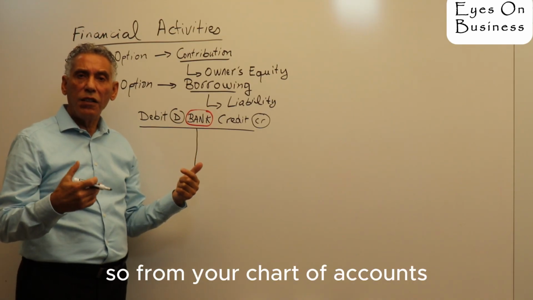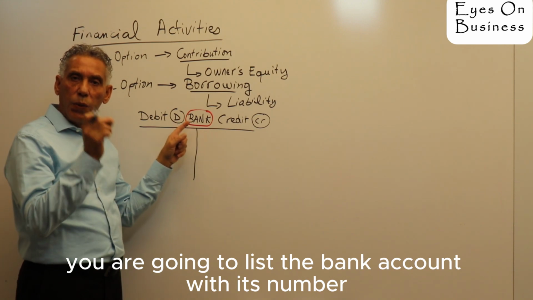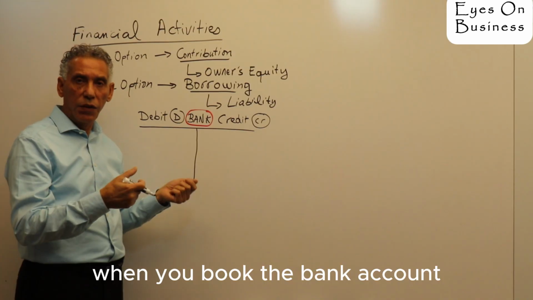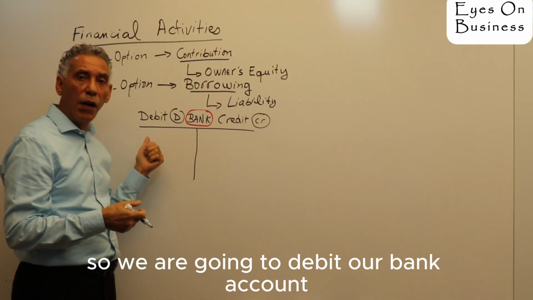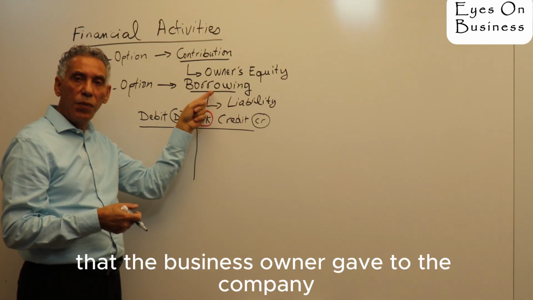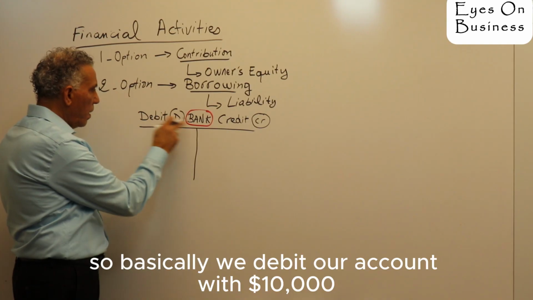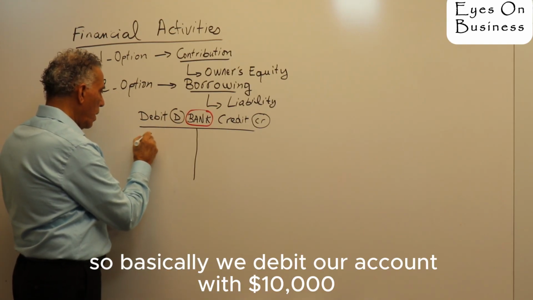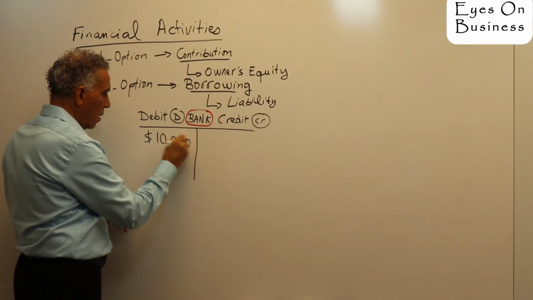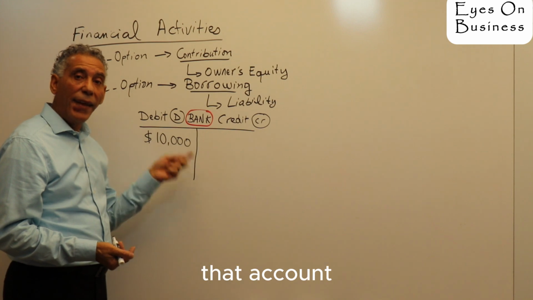So from your chart of accounts, you are going to list the bank account with its number when you book the bank account. We are going to debit our bank account with $10,000 that the business owner gave to the company, and then we are going to credit another account.